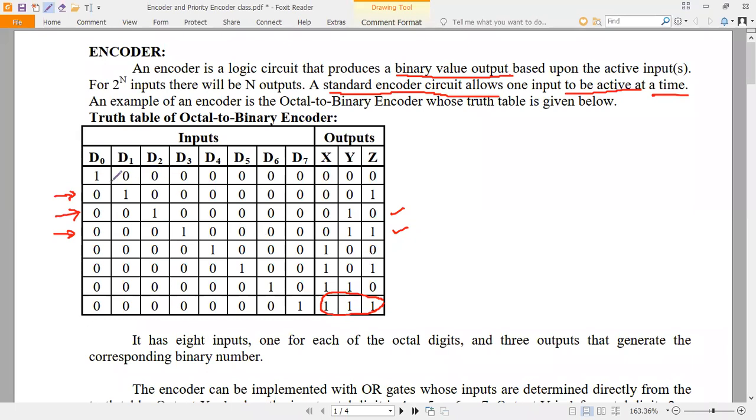That is, if only one input is equal to logic 1, then you are going to get the binary equivalent of the input octal. You cannot give two inputs at a time. So this is the standard encoder. Here the input is octal, the output is binary. So an encoder will always have binary output.